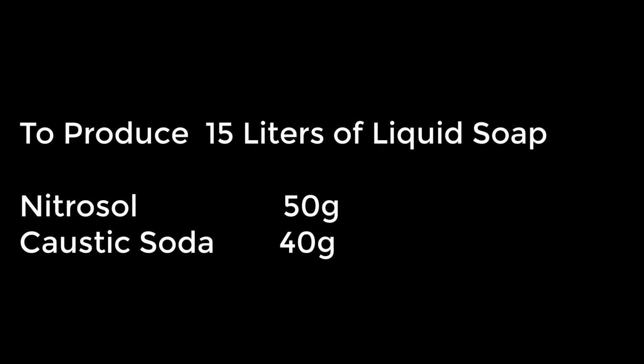Nitrosol we need 50 gram and caustic soda we need 40 gram to be able to produce 15 liters of liquid soap. Point of emphasis: 15 liters of liquid soap.